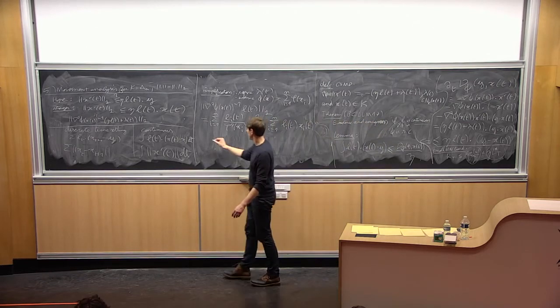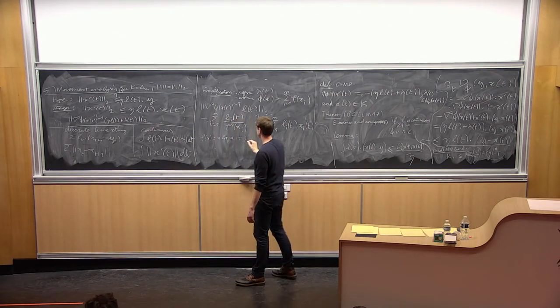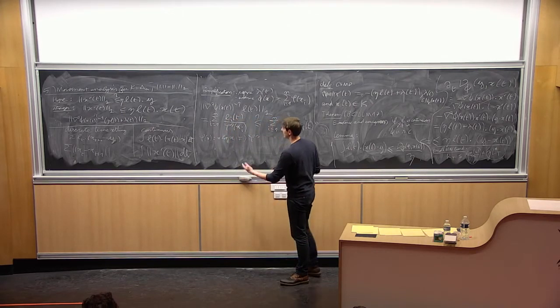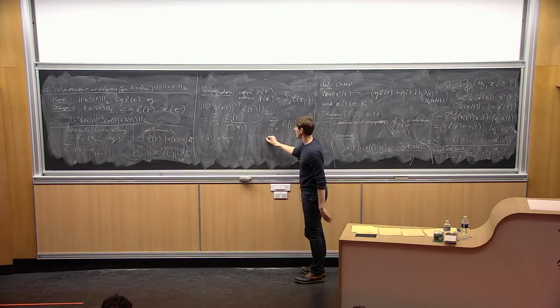So phi of x equals x log x. This means that phi prime, up to a constant, is log x. So phi double prime is 1 over x. So 1 over phi double prime at x is x.